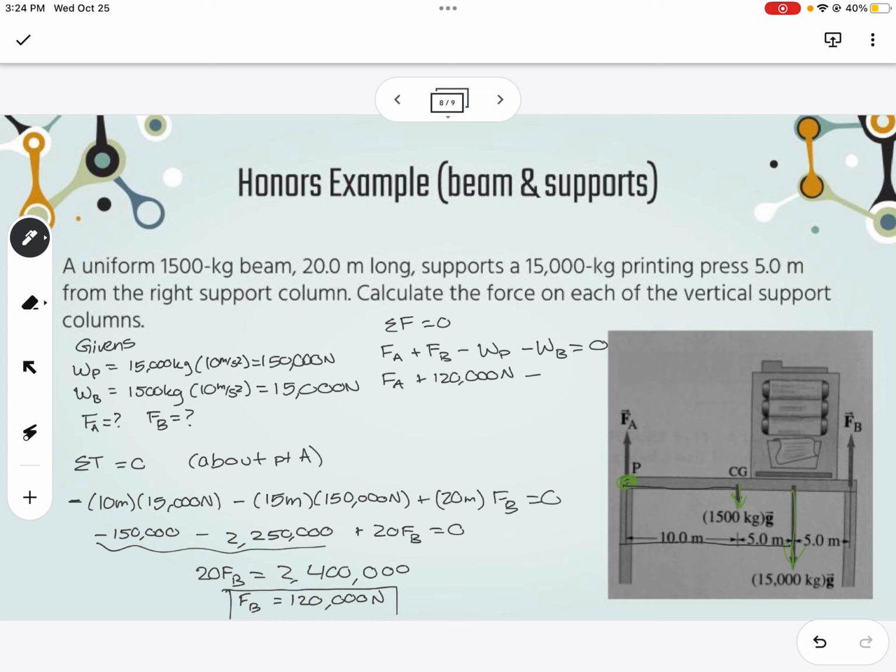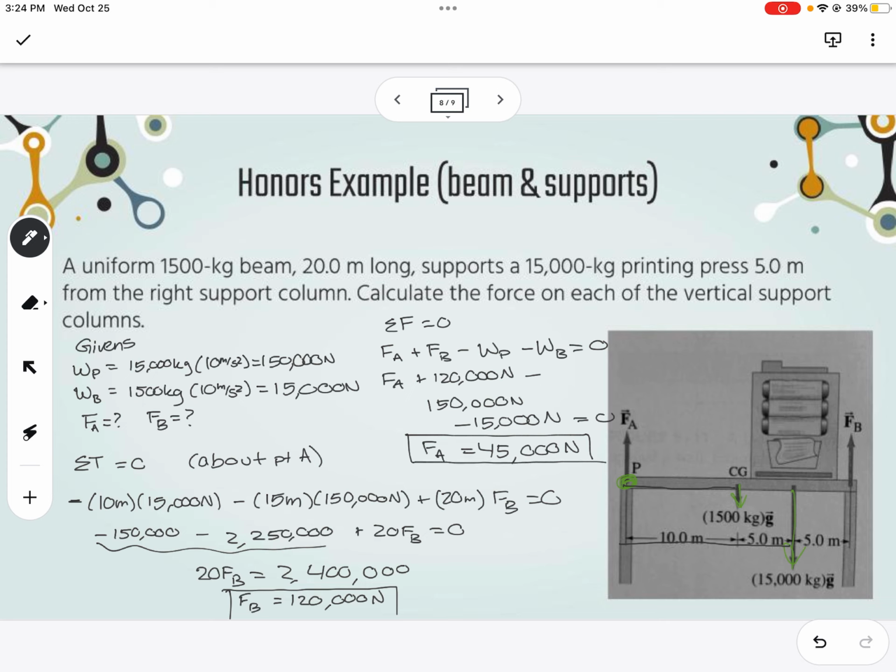The weight of the press is 150,000 newtons, and the weight of the beam is 15,000 newtons. And that's all going to equal 0. Sorry, I had to draw that on 3 different lines there. So when you do this addition, subtraction, all of that good stuff, we're going to end up getting FA equals 45,000 newtons.